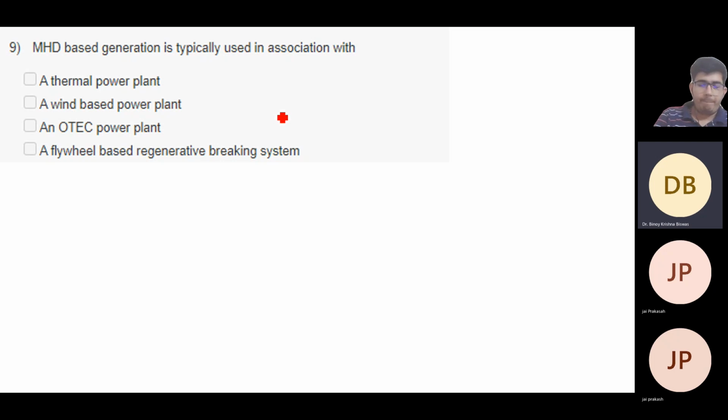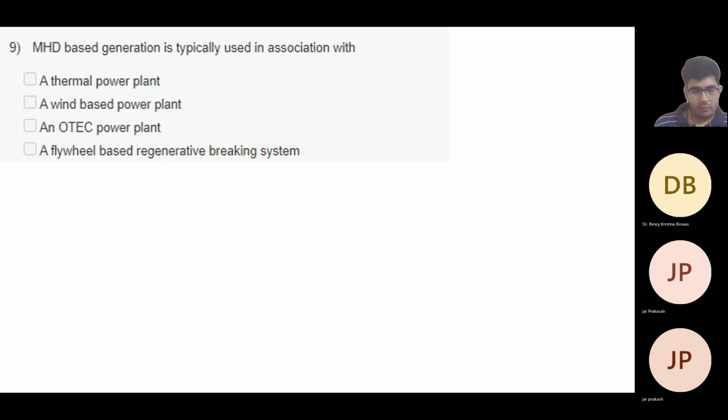Through the turbine expansion process, we will get another enthalpy drop, and through that the power will be generated, and that will be converted to electric energy using the generator.